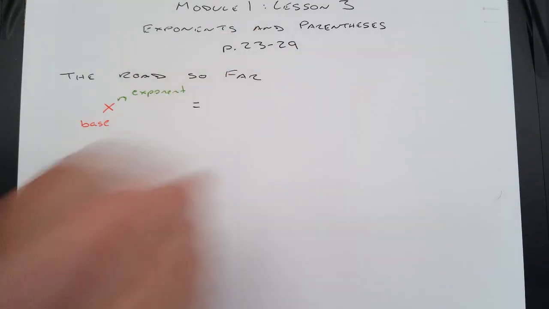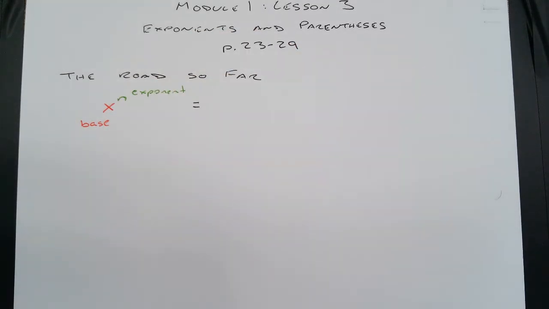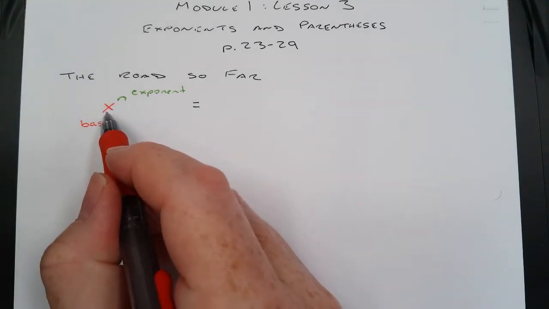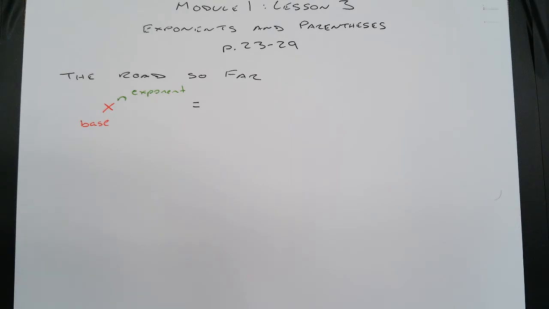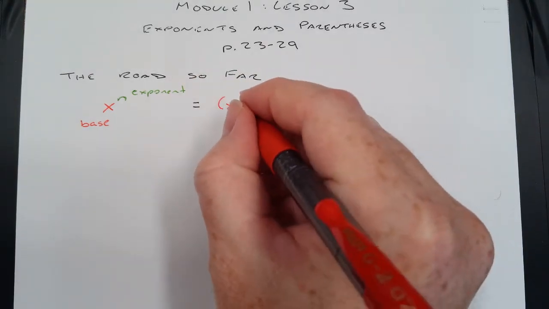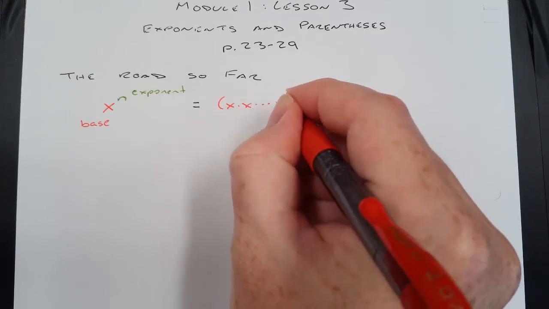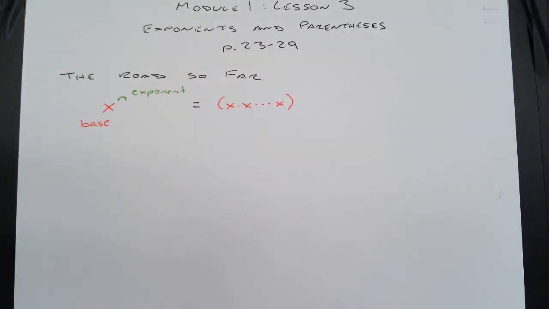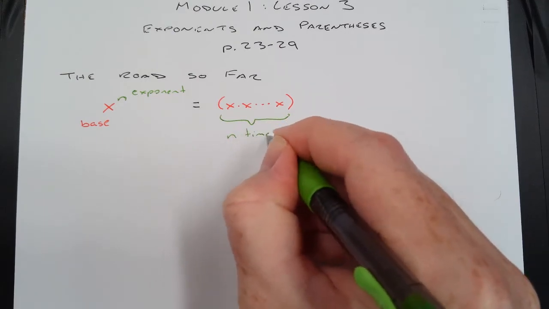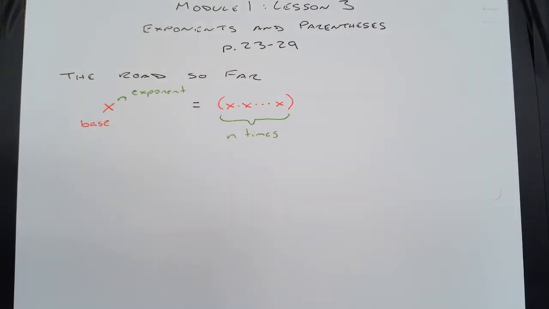The way exponents work is it's not base times exponent, it's base, exponent times. So the x, the base, is multiplied by itself n times. That was in lesson 1.